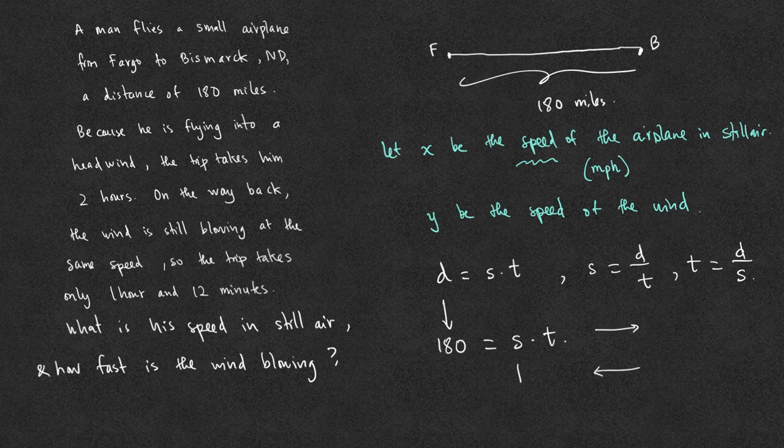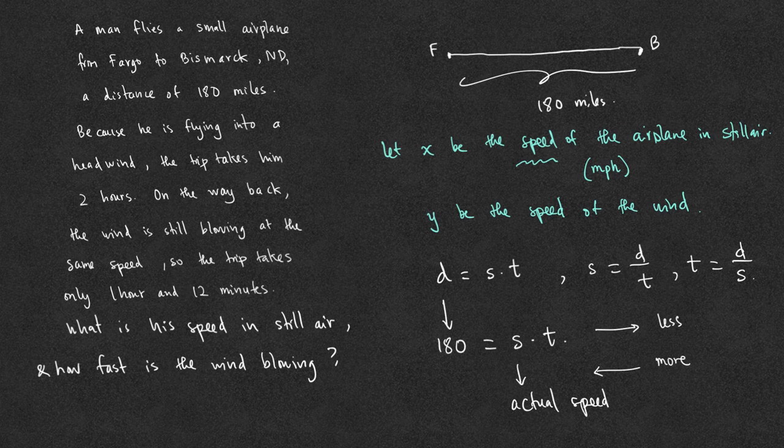S in this relationship has to be the actual speed. This is not just the speed of the plane or the speed of the wind. If we go against the wind, then the actual speed will be less, and if we go with the wind, then the actual speed will be more.